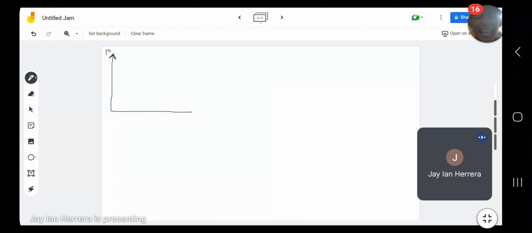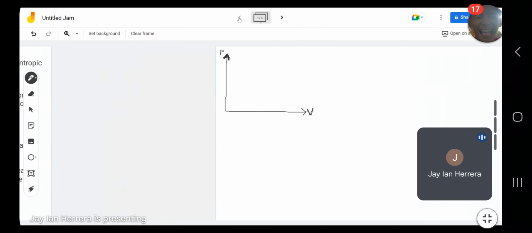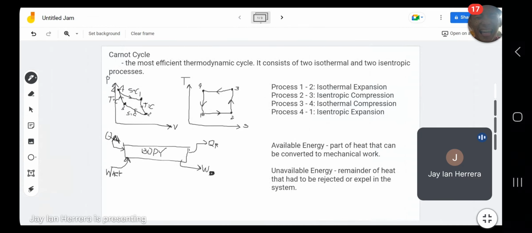So ideally, Carnot is the most efficient, pero ideally lang, wala pang actual na Carnot engine since it is too efficient and almost impossible to manufacture. Hindi ko alam kung meron na, pero wala pang Carnot engine.